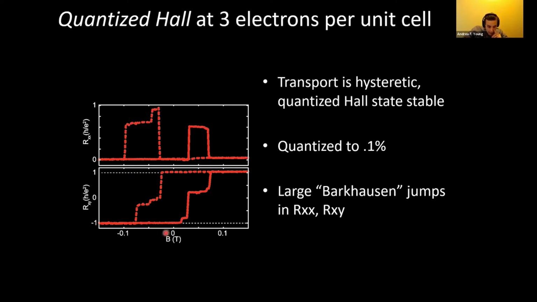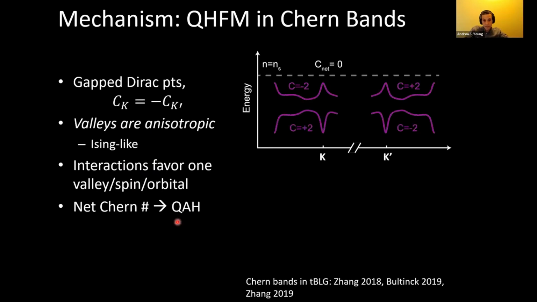I'll note, and I'll talk about this a little bit more, that there are these large jumps. They're like Barkhausen type jumps in RXX and RXY, as you might see in a metallic ferromagnet that has crystalline disorder, say domain walls. Actually, it's exactly the same type of thing that Barkhausen observed in iron, where you may have domains that are jumping one at a time.